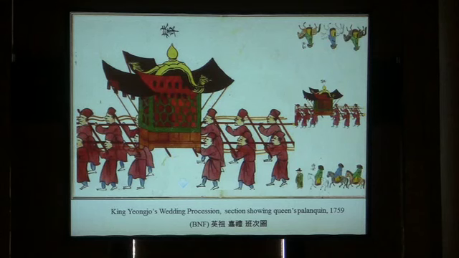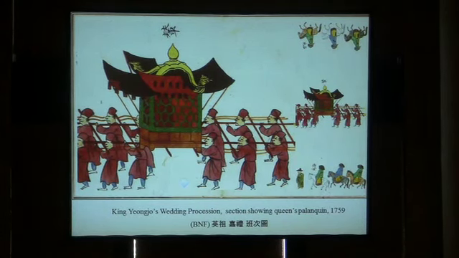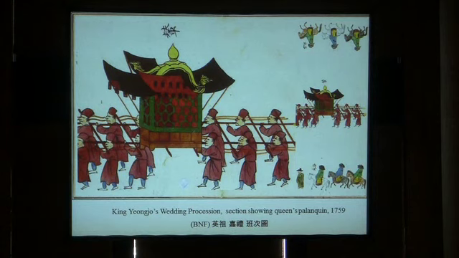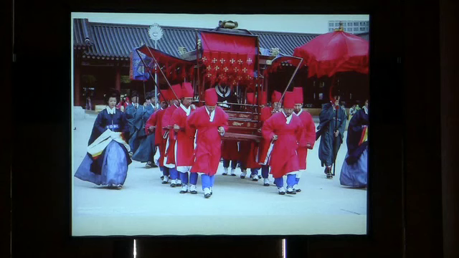It's not shown. And then on the sides, you will see all these palace ladies in waiting and whatnot. And this is a scene from a drama that I took to show you how it actually looks. But inside there is somebody sitting, posing as a king.